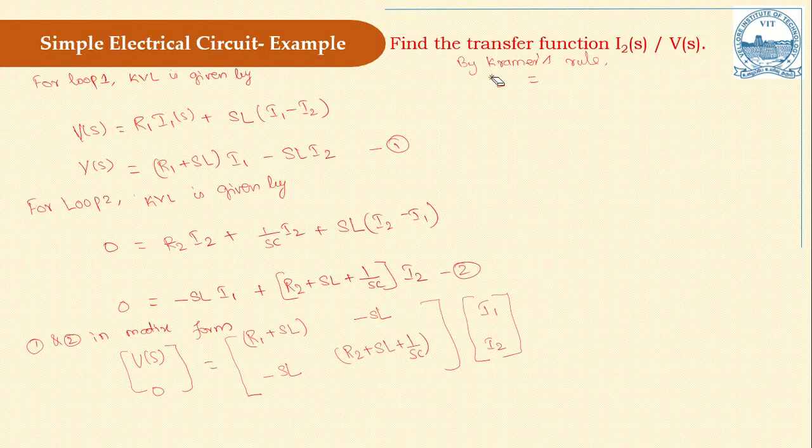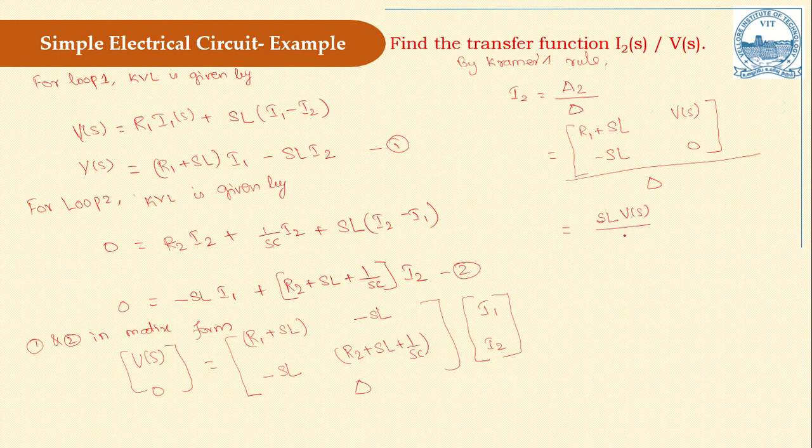By Cramer's rule I can write I2 is equal to delta 2 by delta, where this is my delta. Okay, and here delta 2 I can write as R1 plus SL, 0, and here V of S, and minus SL, 0, divided by the determinant value, which is given by SL V of S divided by delta.